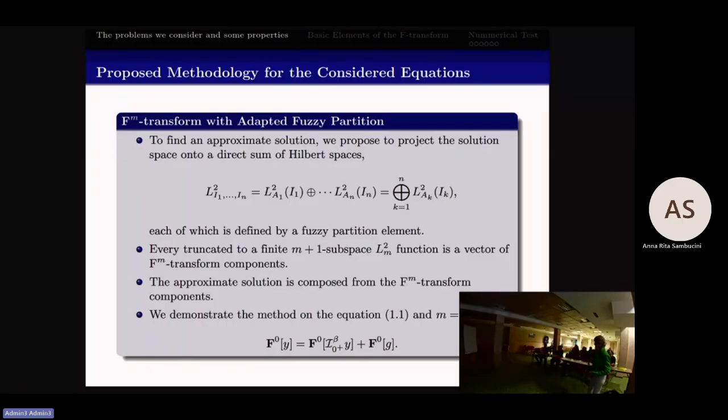So this form is just the linear matrix form. Matrix will appear later. It is a linear matrix form that contains the unknown vector, denoted as the F transform vector of function y. This is the F transform of the integral form, and this is again the F transform of the known function g.